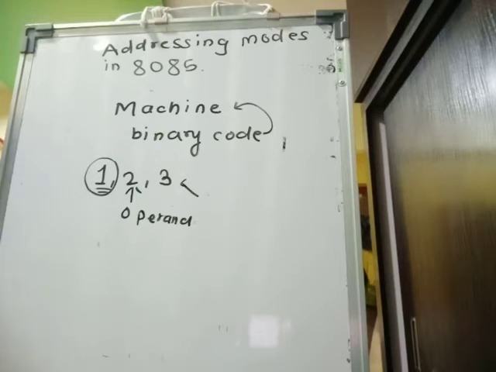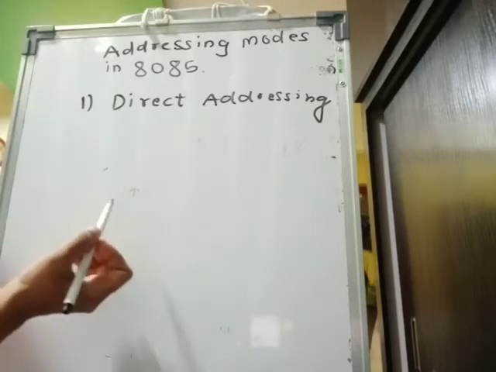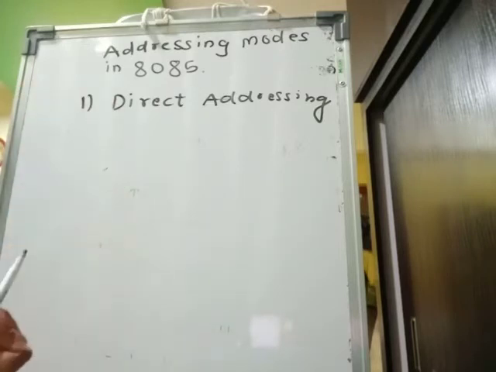Depending on this, there are a number of instructions which are classified according to their addressing data types. So we'll see the addressing data types. This addressing mode is classified into 5 different types.